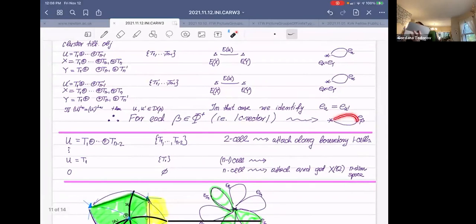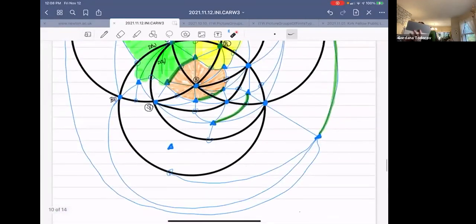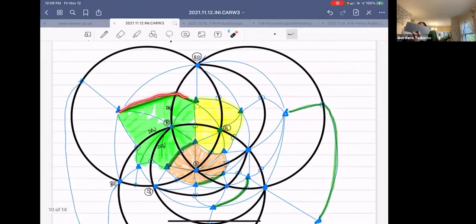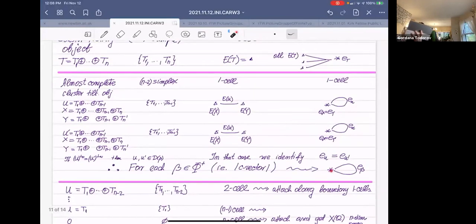So we'll have only one cell for each beta. And just on this picture, this is one cell, this is one cell, this is one cell, this is one cell, this is one cell. They all cross my D_S2. So all of these one cells will be identified and give just one cell in the picture space.